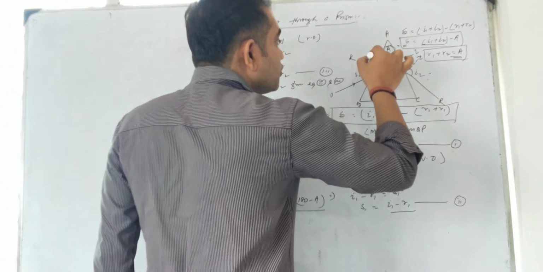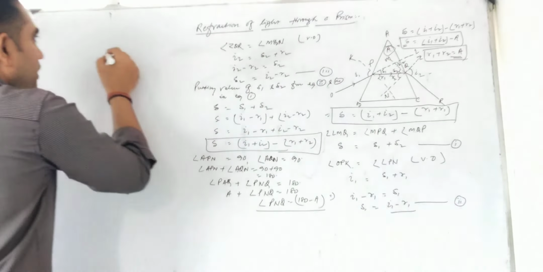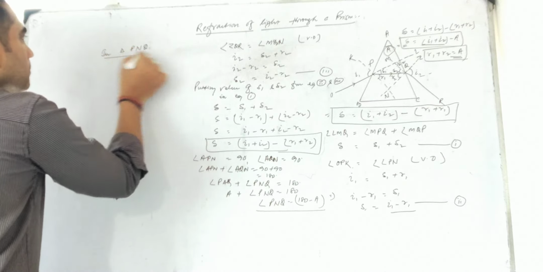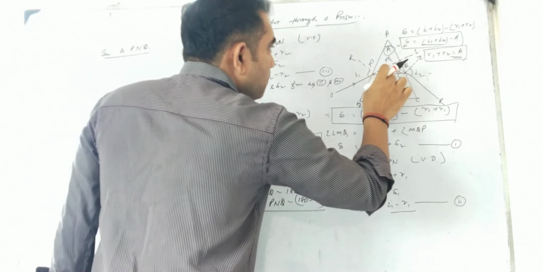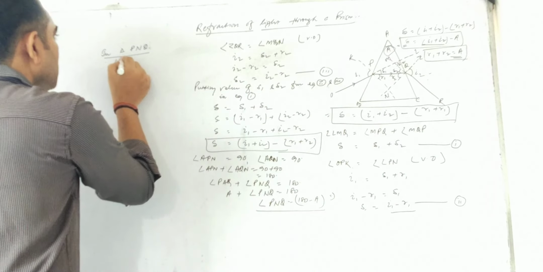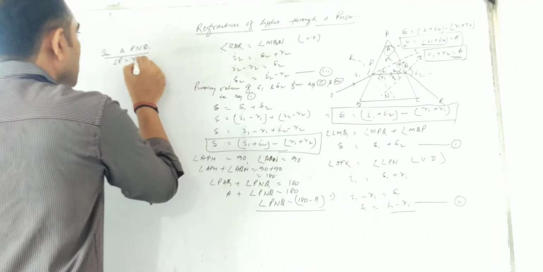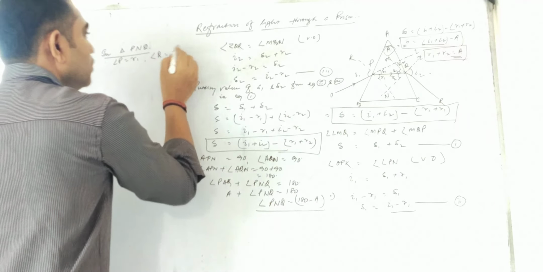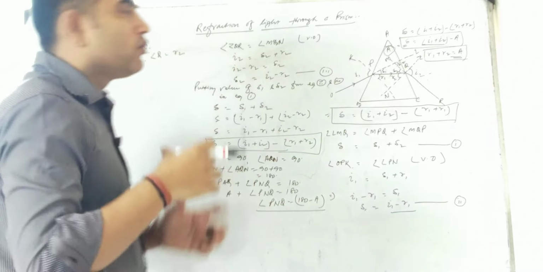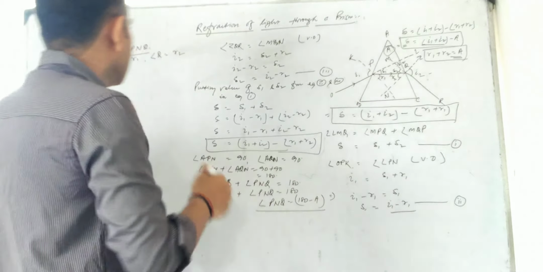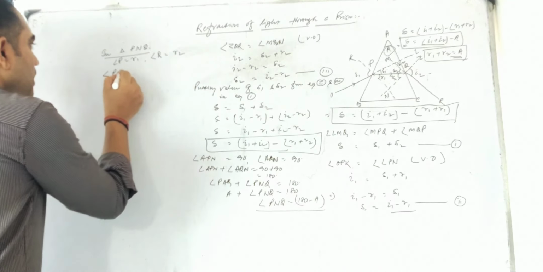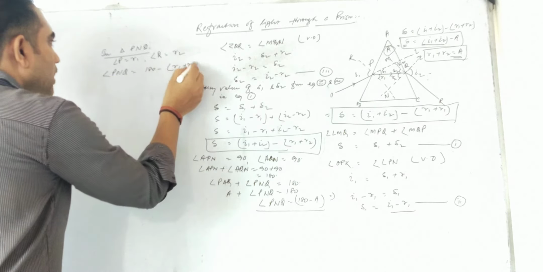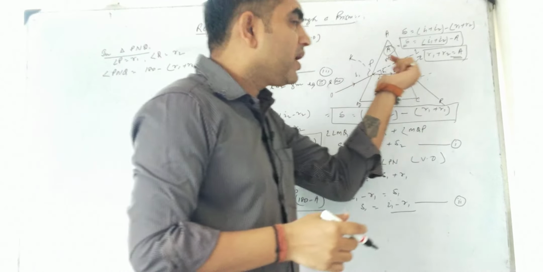Now again in triangle PNQ, angle P equals R1, angle Q equals R2, and angle N we need to find out. So angle PNQ equals 180 minus (R1 plus R2), because the sum of the three interior angles is 180 degrees.